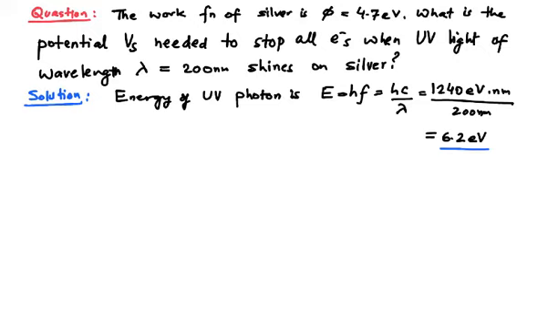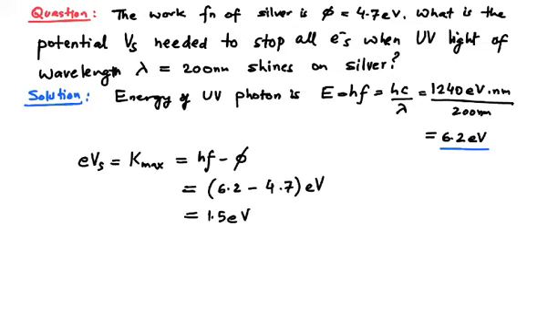We get a maximum kinetic energy of 1.5 electron volts, and from here we can calculate the stopping potential to be equal to 1.5 volts.